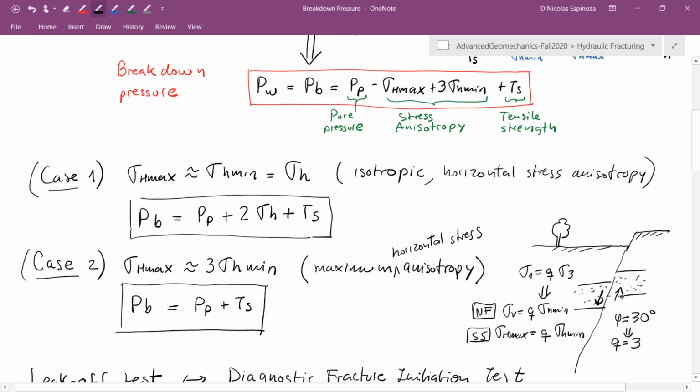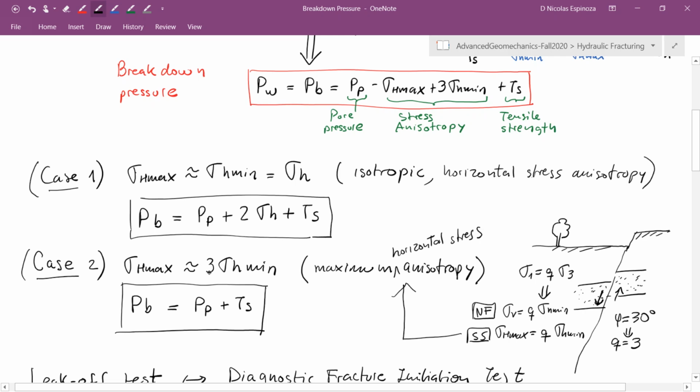This example, which is a little bit easier to show, is an example for normal faulting, in which sigma h min is the lowest possible value as a function of sigma v. In this case over here, I'm assuming the maximum horizontal stress anisotropy, which is a result of a strike slip, in which sigma h max is going to be q times sigma h min, where q we can assume is more or less equal to 3. So that's why we have this 3 over here.